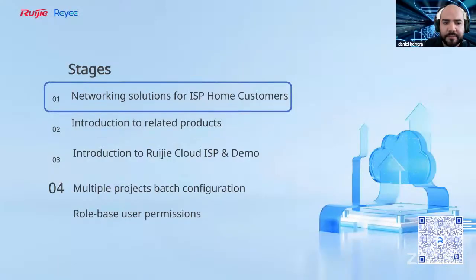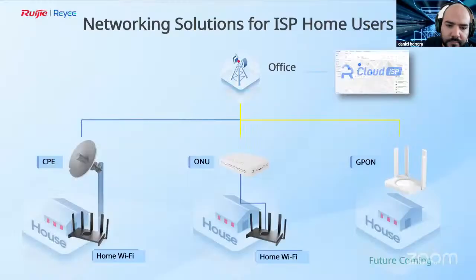Okay, let's begin. Today's video presentation, I'm splitting up into 5 stages. For the first stage, I'm going to explain the network solutions for ISP phone customers from Ruijie. We have several cases where we have determined that our solution can be beneficial for our ISP providers.